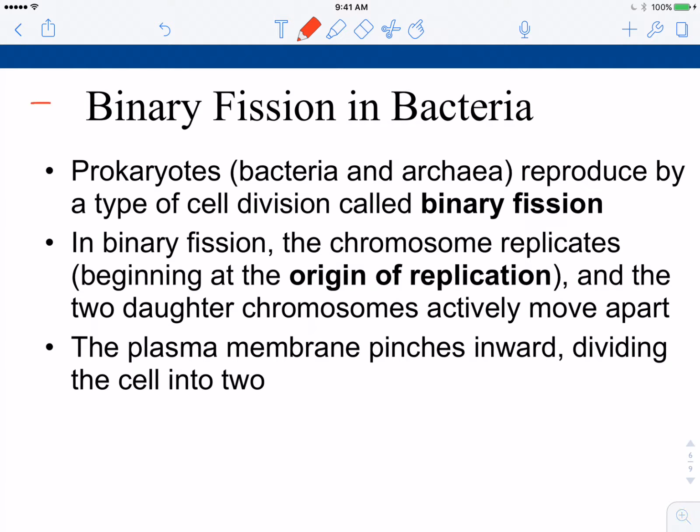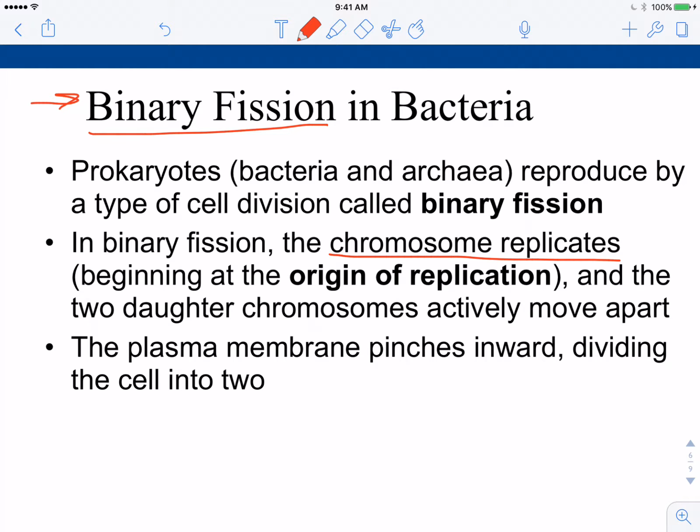We're going to look at how prokaryotic cells divide. Because there's no nucleus, and mitosis is division of the nucleus, bacteria and other prokaryotes divide by a process called binary fission. In binary fission, the chromosome replicates.